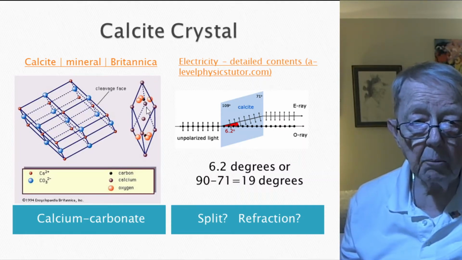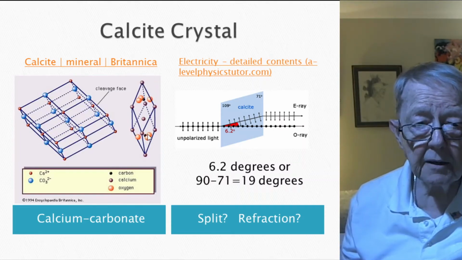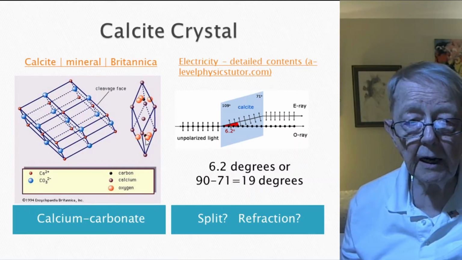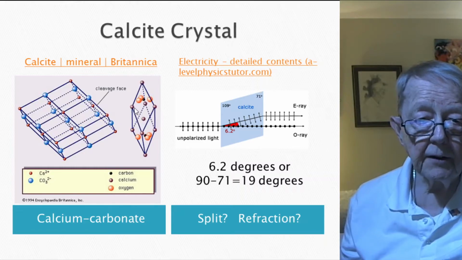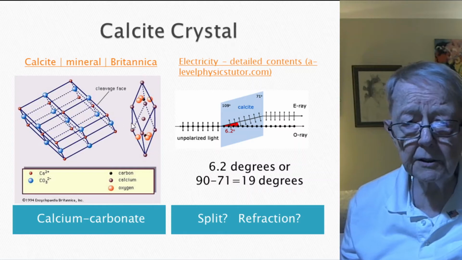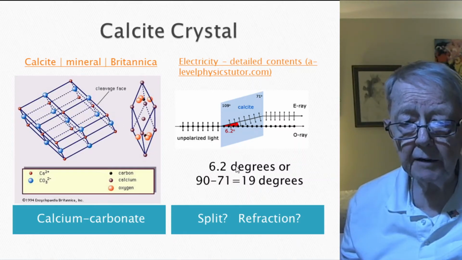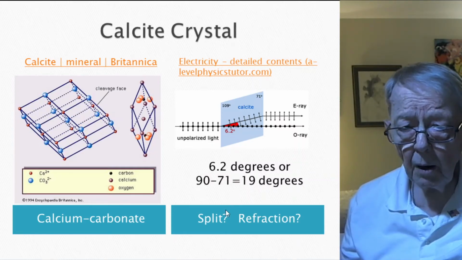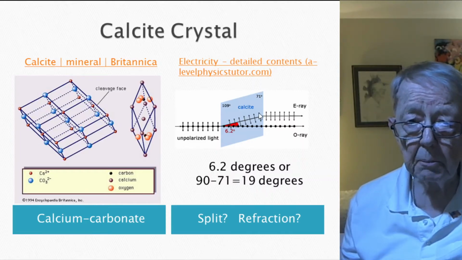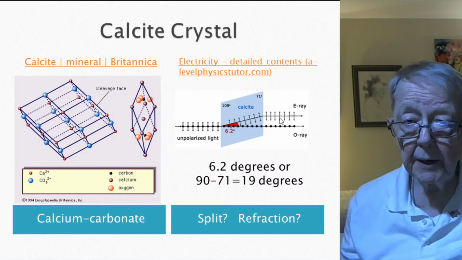You have the black dot. The black dot is the carbon, and the three orange dots are the oxygen, and then there is the calcium. A very complex structure, but again, it gives you the same problem. And is this a refraction, or is it just another path it's following?